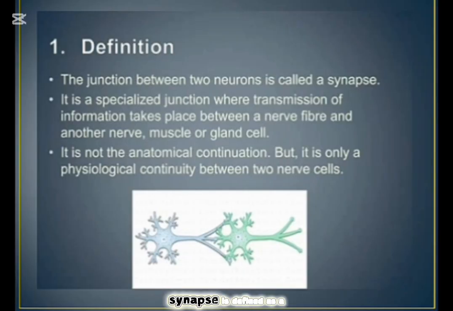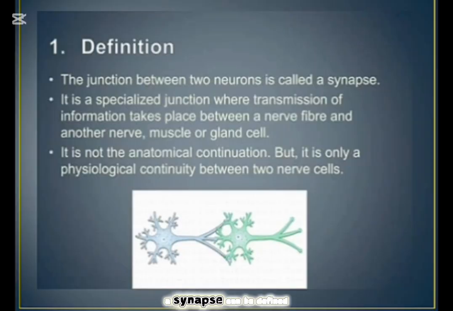Synapse is defined as the union of two neurons, or the union between a neuron and a muscle fiber, or the union between a neuron and a gland.